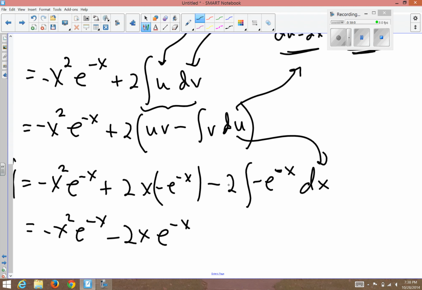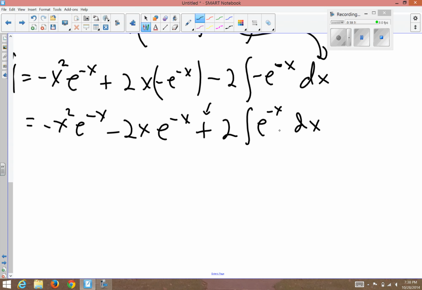Here's multiplication with 2 negatives, so that's positive 2 integral e to the negative x dx. As I see 2 negatives here, that's where this positive came from. But this is an integral that we've done twice already. The integral of e to the negative x dx. You insert a negative here and a negative here, that's the integral of e to the w dw.